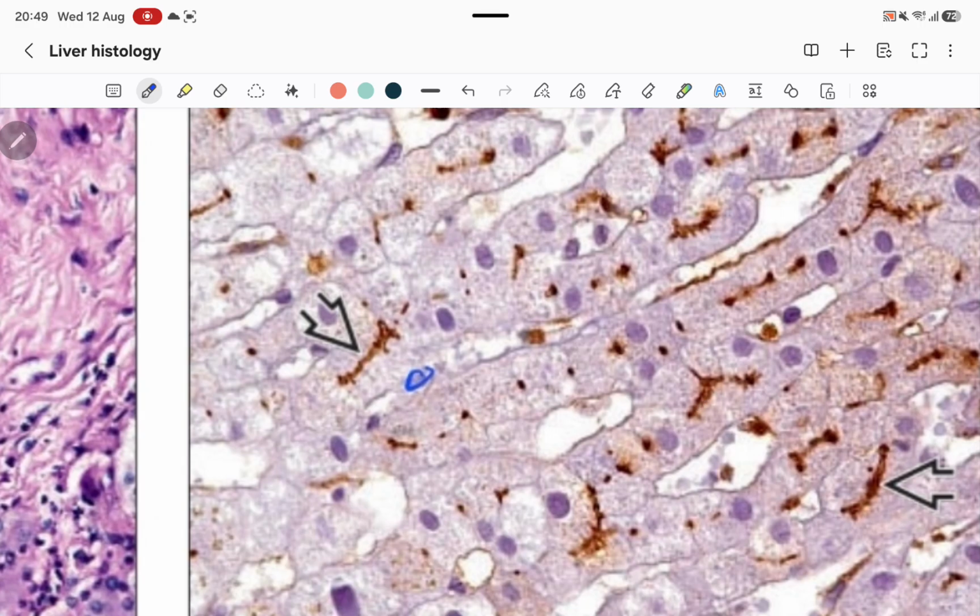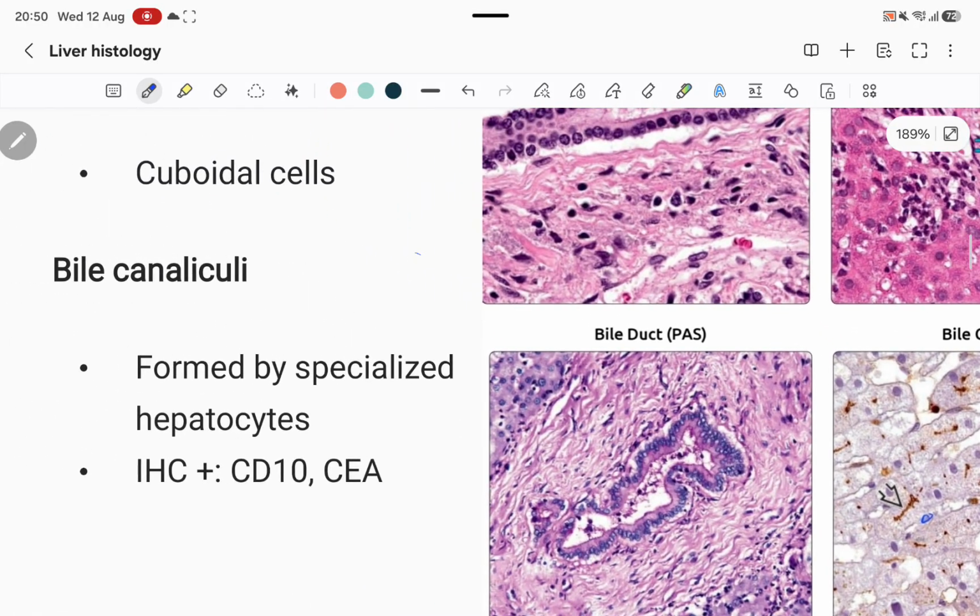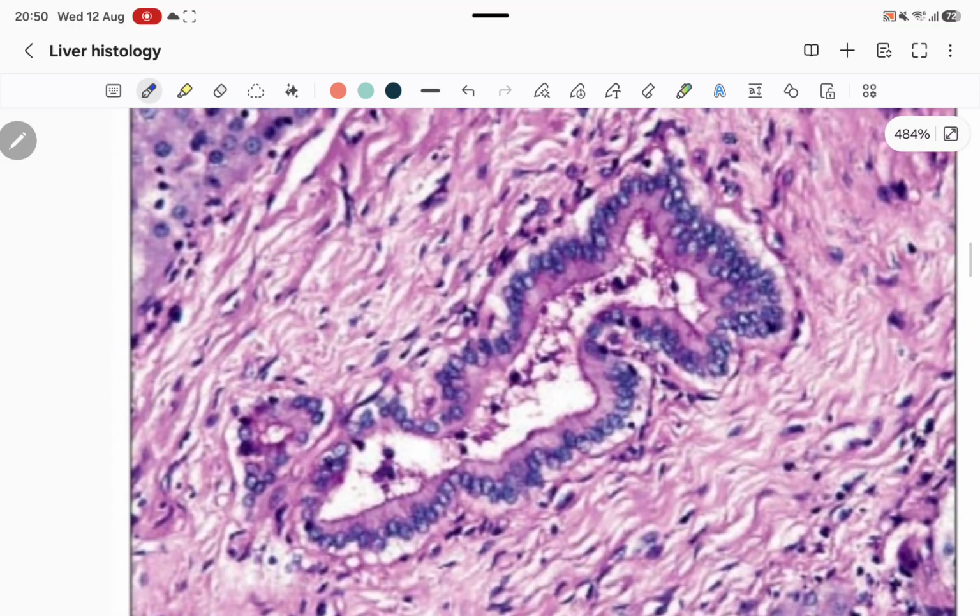Basically, what happens here is you've got this specialization in here, and this can be stained with the CEA stain. It's a special stain for this, okay? And you can also stain them by CD10, these specialized hepatic cells.